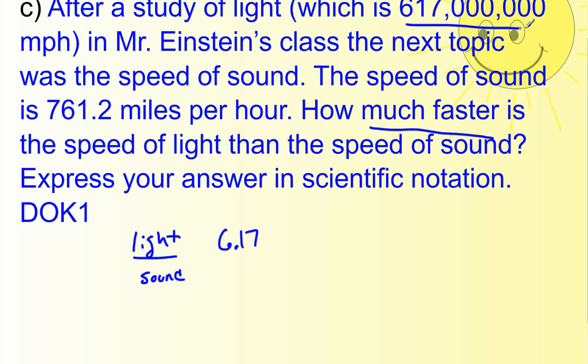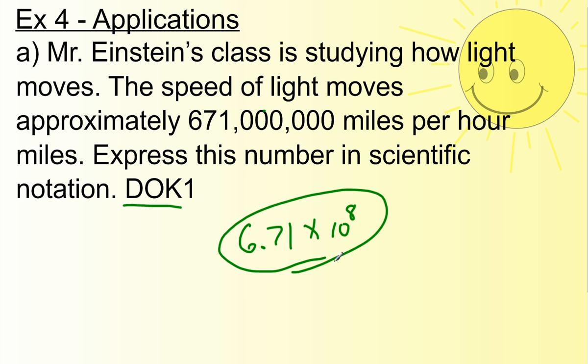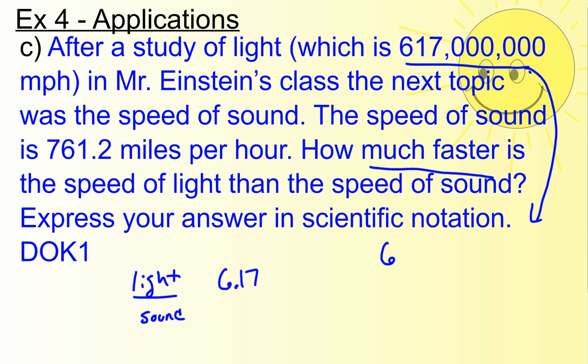I'm taking this into scientific notation. Makes it easier. Actually, we did this problem. I can just copy it. 6.71, and here I say 17. Now I don't know which one's true, but either way, times 10 to the 8th. 6.17 times 10 to the 8th.